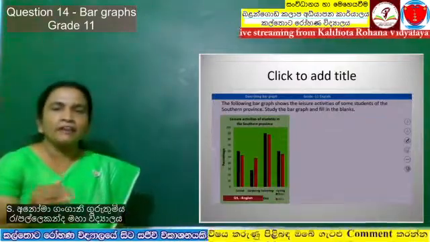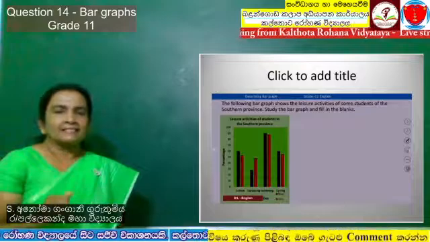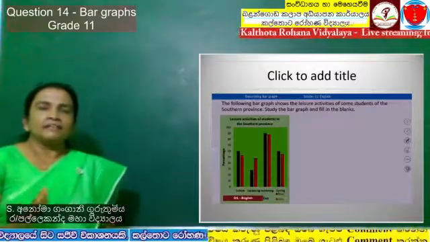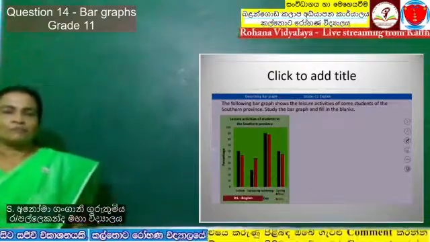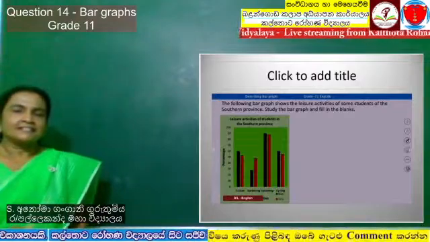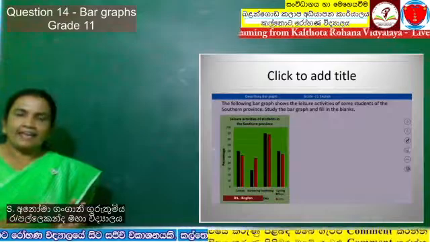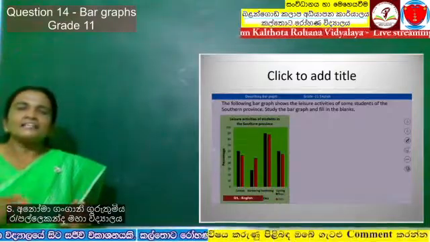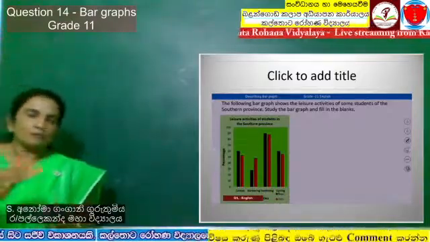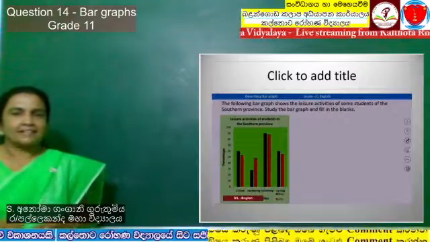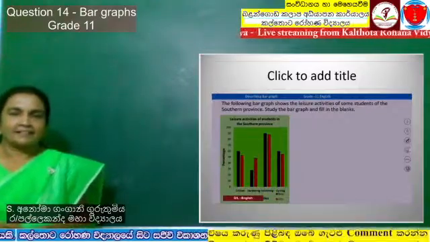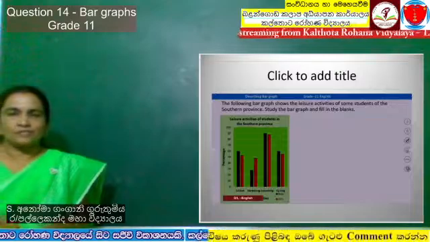Study the bar graph and fill in the blanks. Look at the bar graph first and try to write the description about this bar graph, please. This is the time to do that.